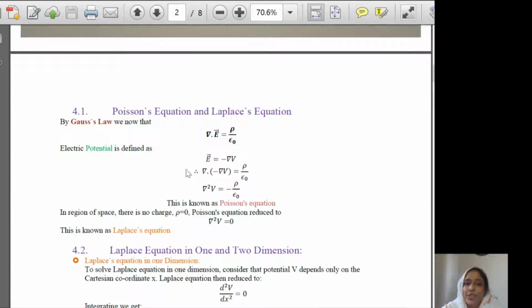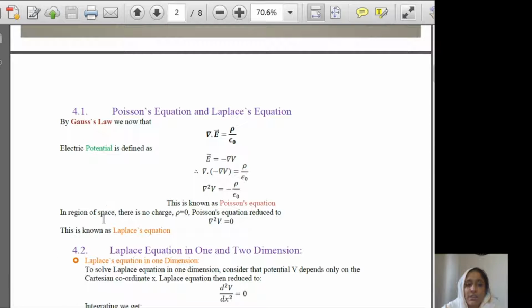The electric potential, as we have defined before, is E equal to minus the gradient of the scalar function V. If we substitute minus grad V in place of E, we get del dot minus del V, that is, del square V equal to minus rho by epsilon naught. This equation is well known as Poisson's equation.